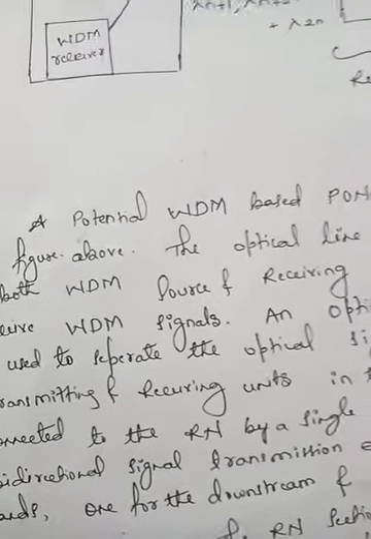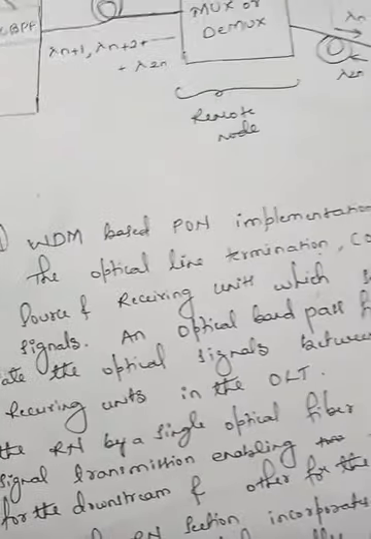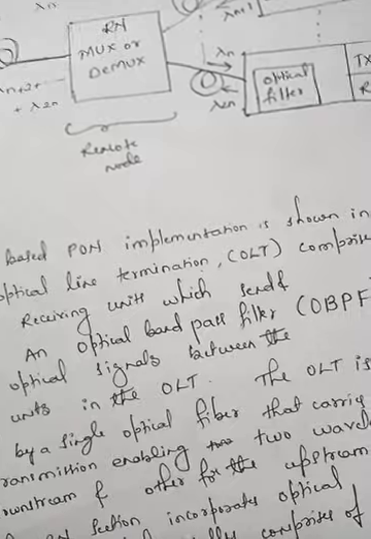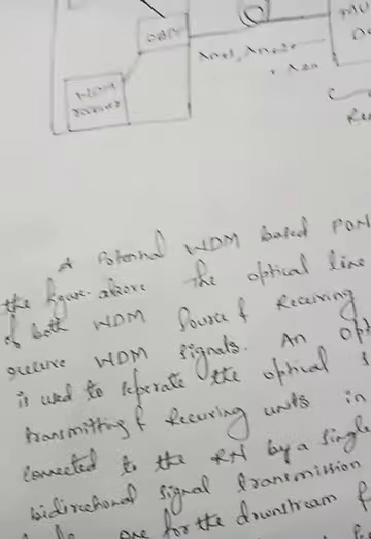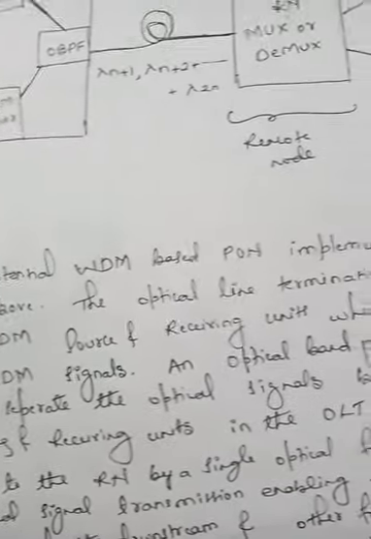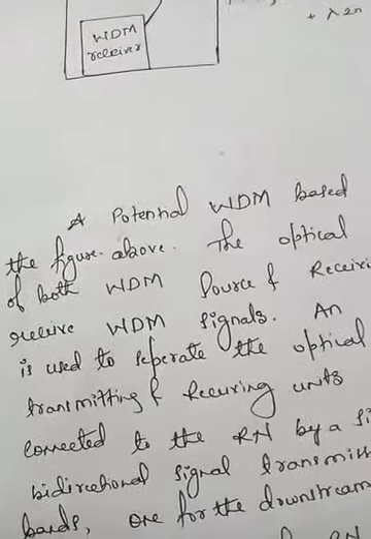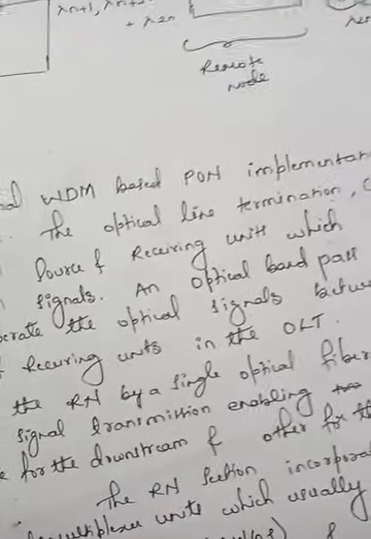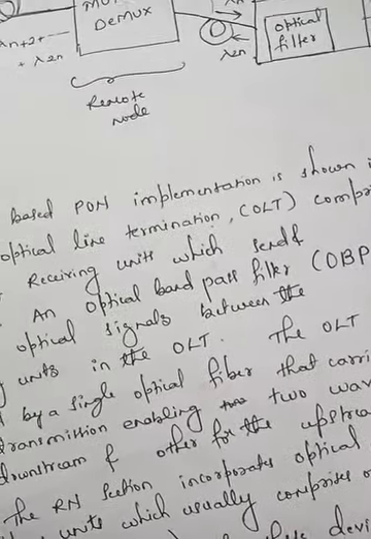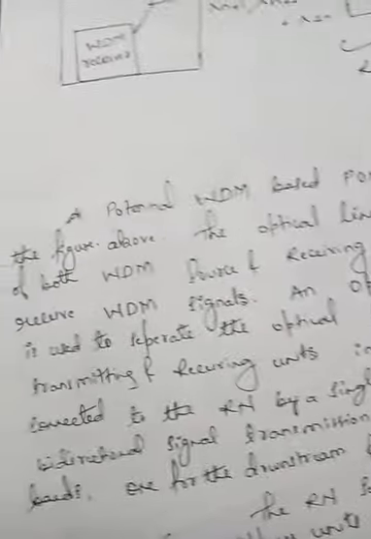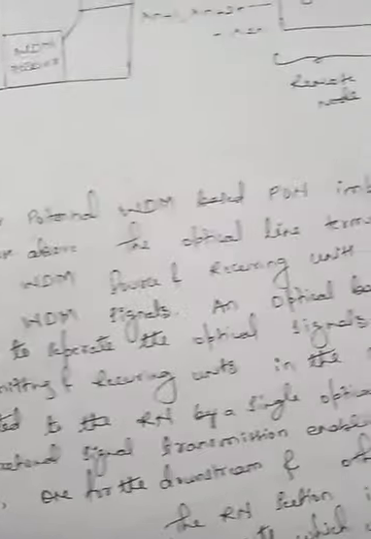A potential WDM based PON implementation is shown in the figure above. The optical line termination, that's the OLT, comprises both WDM source and receiving units which send and receive WDM signals.